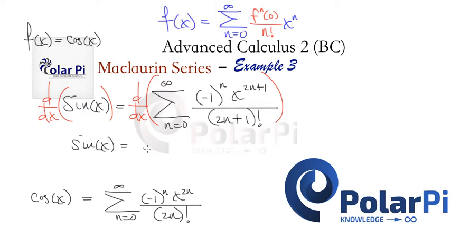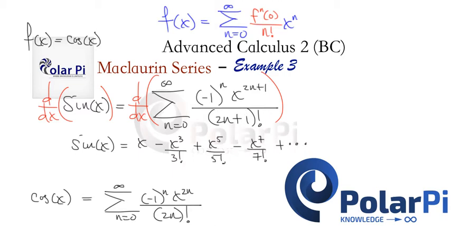Sine x will equal, I start with n equals 0 and just interpret this sum here. Ignore that and that, basically. Okay, so sine x is equal to, n equals 0 is going to give me x. And then I'll have minus x cubed over 3 factorial when n equals 1, and then plus x to the 5th over 5 factorial, and then minus x to the 7th over 7 factorial, and then plus dot, dot, dot.